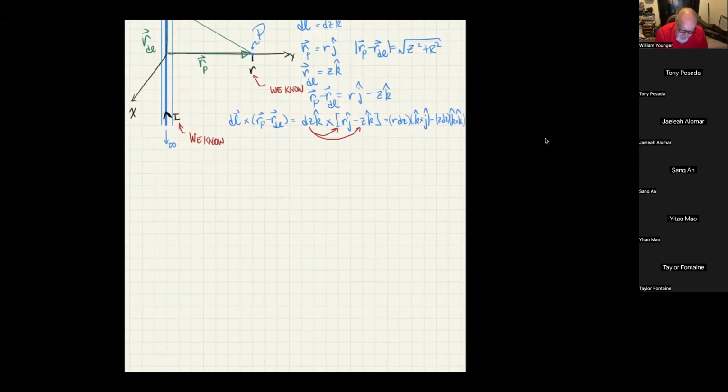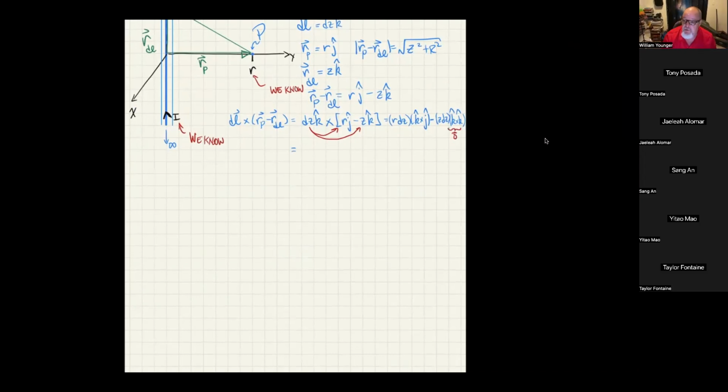So we now have computed basically the bits and pieces of the cross product. So we see k hat cross k hat is just going to be the zero vector, so that part's not going to matter. Now we've got k hat cross j hat.